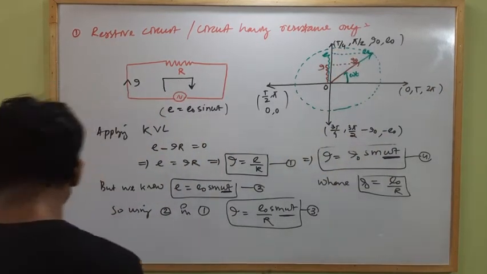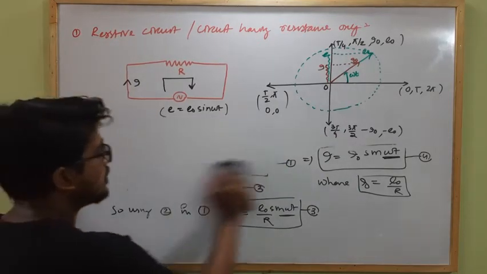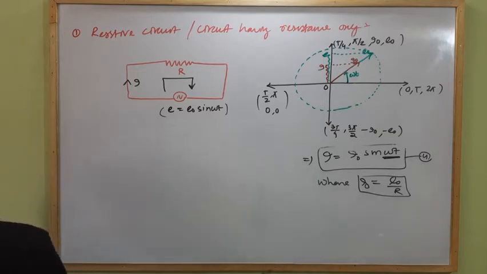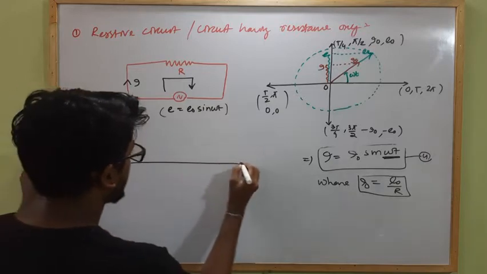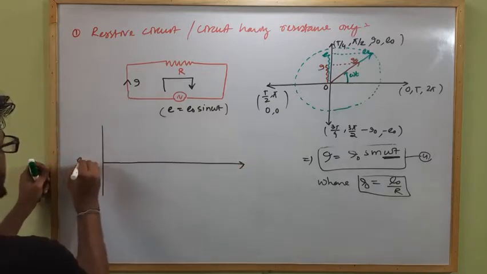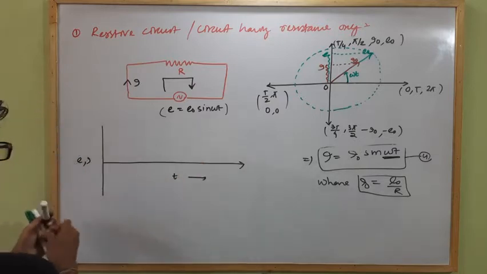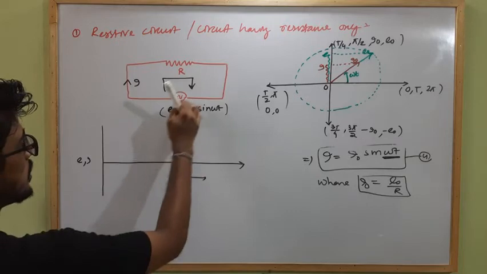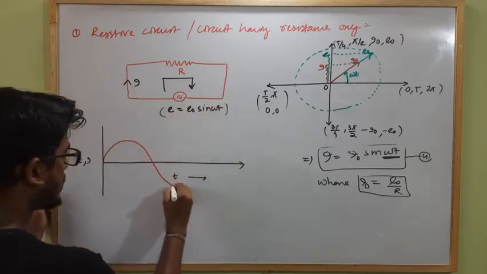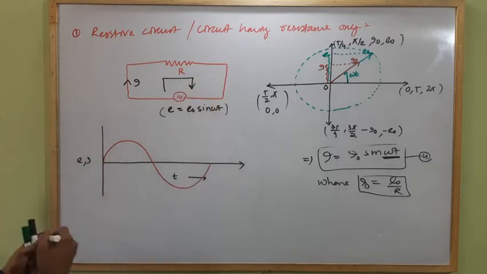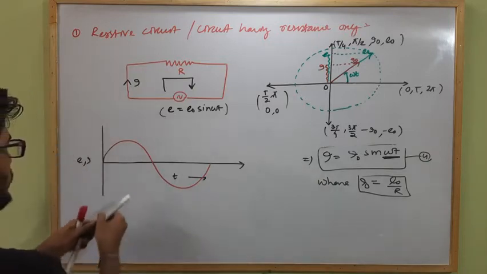Clear? And what is the wave diagram with respect to time? If I am representing these two quantities in a wave diagram with respect to time, taking here E and I and here t, what will be the diagram? At time t equal to 0, this value will be 0. So the wave diagram will be like this. And similarly, at t equal to 0, I is also 0. So the graph will be like this.